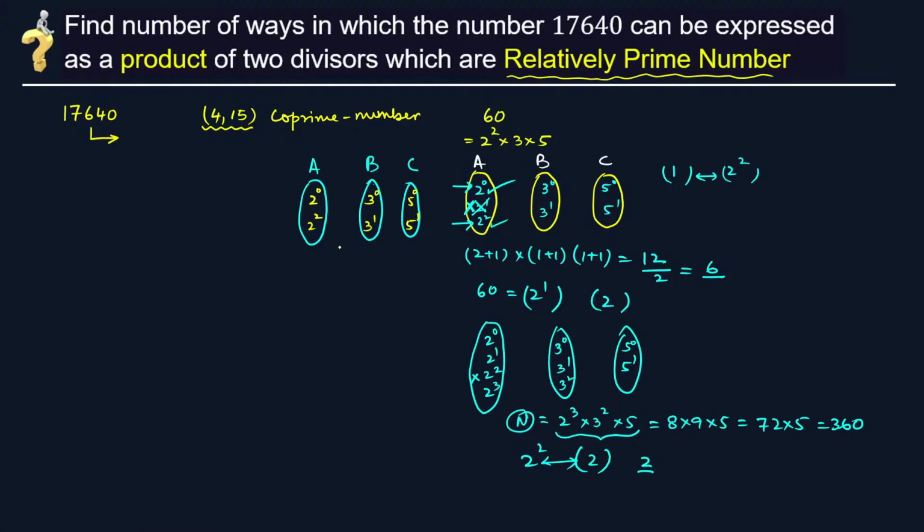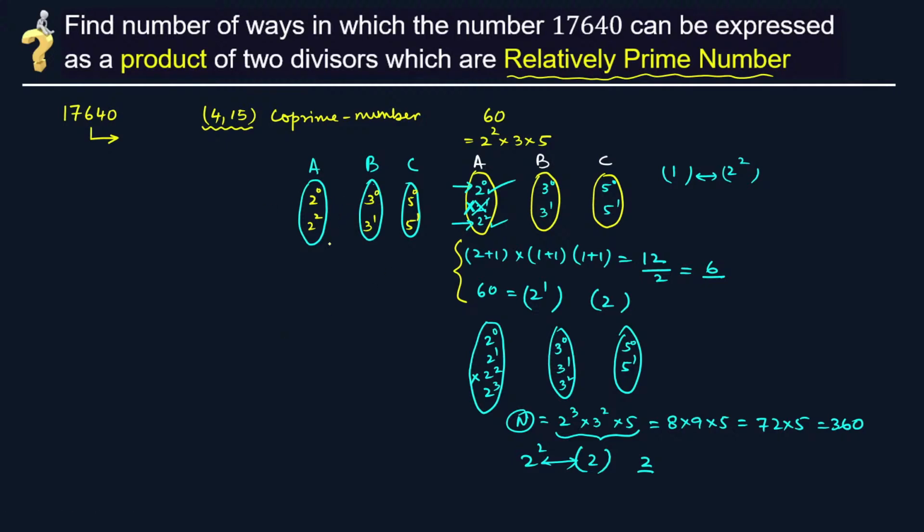Now, either I have to choose 2 to the power 0 or 2 square, either the minimum one or the maximum one. And not only for set A, but for set B as well as for set C. Because if you take in-between numbers, as I have shown you, the two numbers will no more remain co-prime.